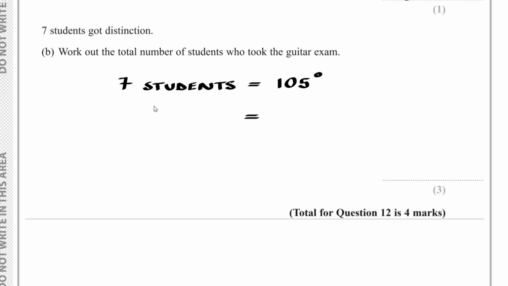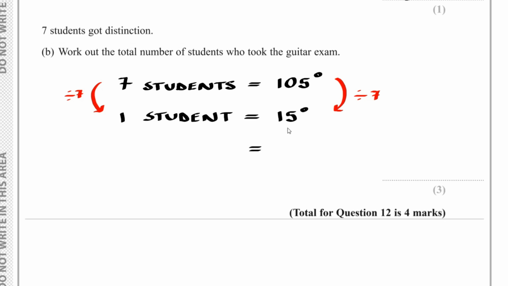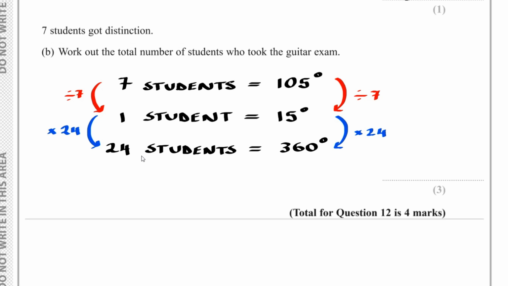So let's find out how much one student is worth. 105 divided by 7 is 15, so one student is 15 degrees. For 360 degrees, 15 to 360 is times by 24, so 1 times 24 is 24. So 24 students is equal to 360 degrees, which means in total we have 24 students who took the guitar exam.